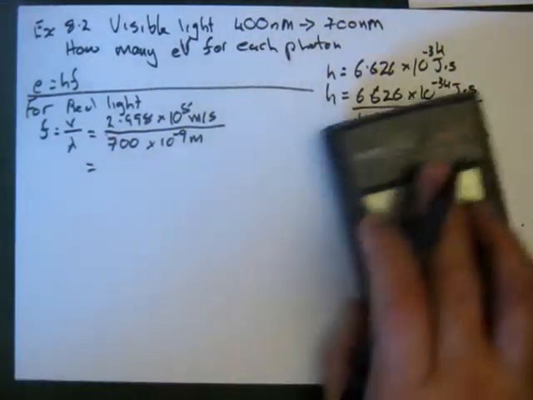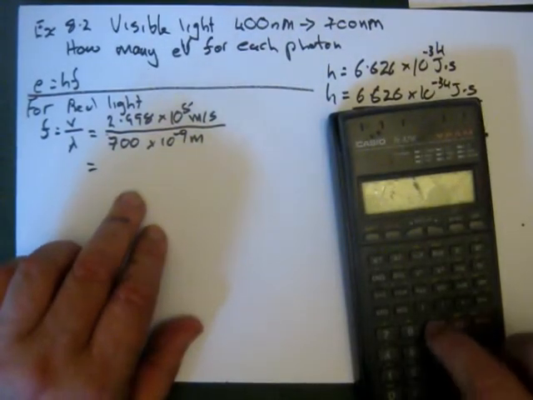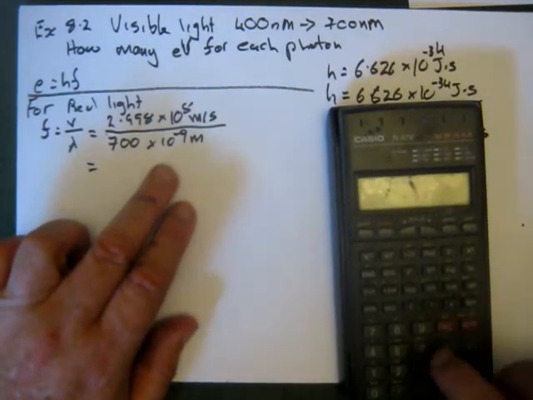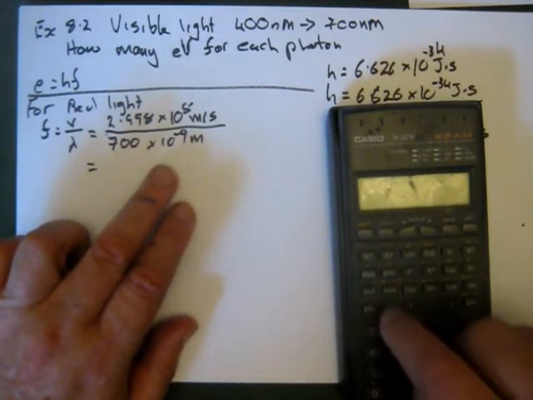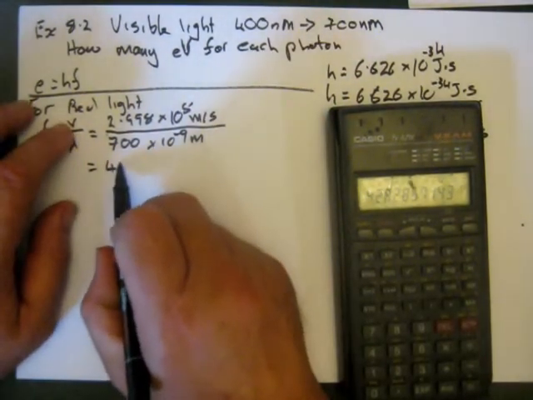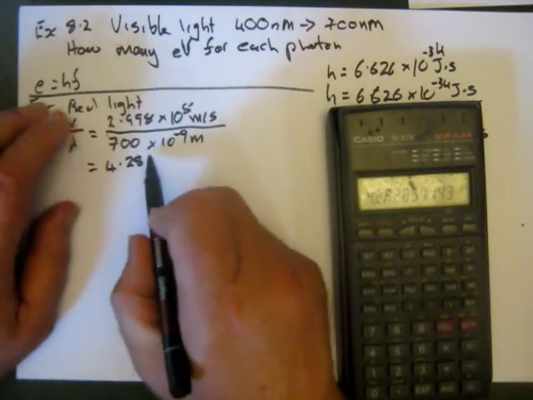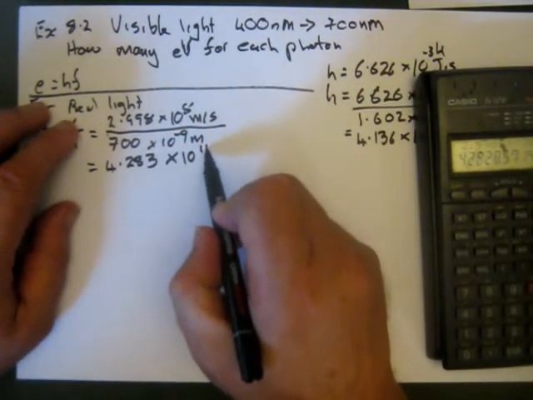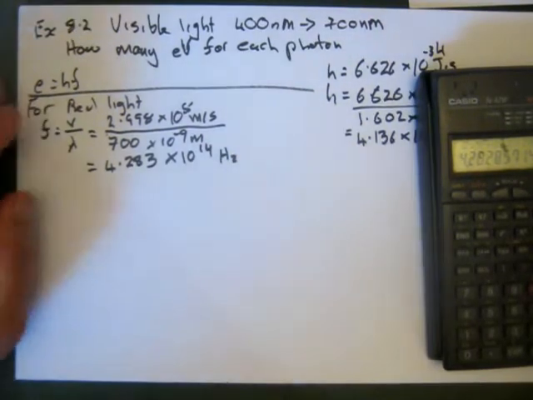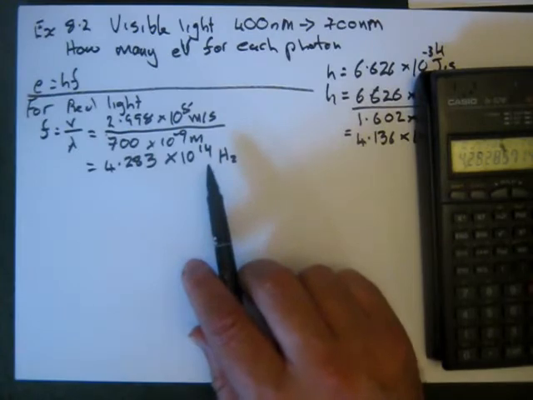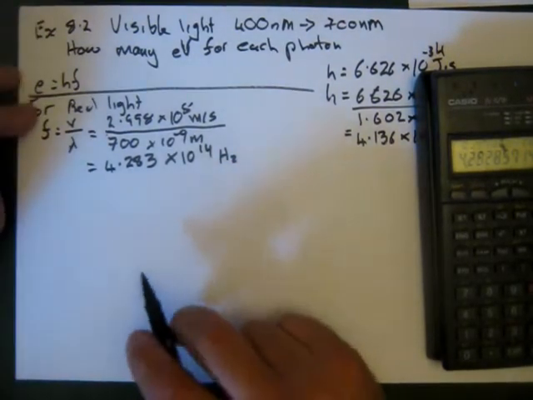And again, we stick that into the calculator: 2.998 exp 8 divided by 700 exp negative 9 equals 4.283 times 10 to the 14 hertz. And that seems a reasonable number. Visible light is in the range of 10 to the 14 hertz, so that seems quite reasonable.